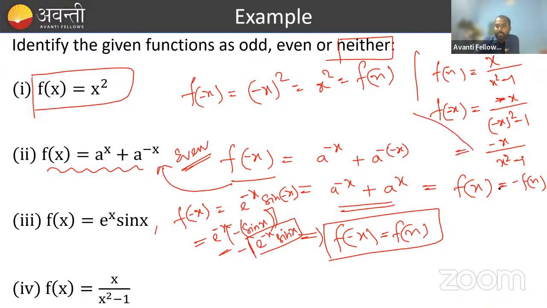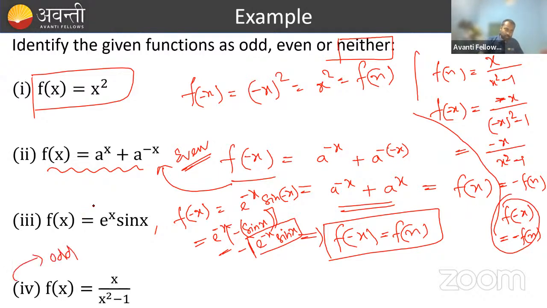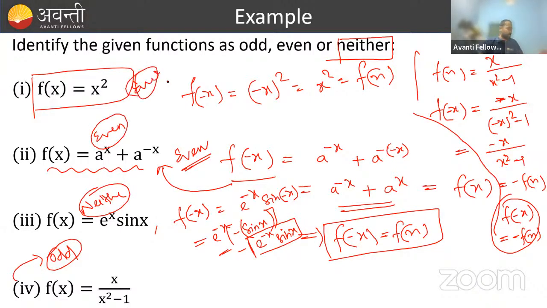So in this last case, we are getting f of minus x is equal to minus of f of x. So in the last question, we are getting an odd function. Okay. So this is the way we can verify whether a function is even or odd. Clear everyone? Chalo, let's move.